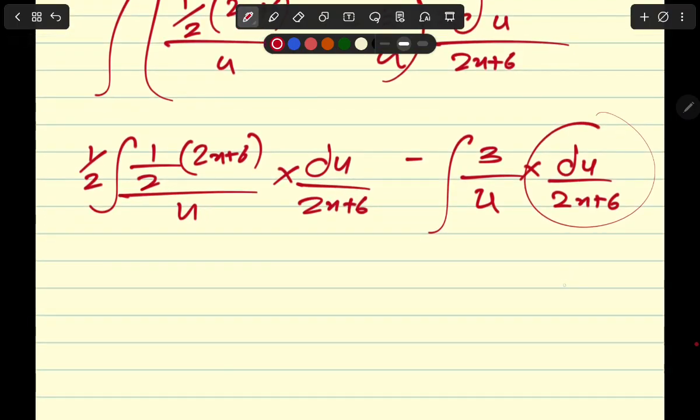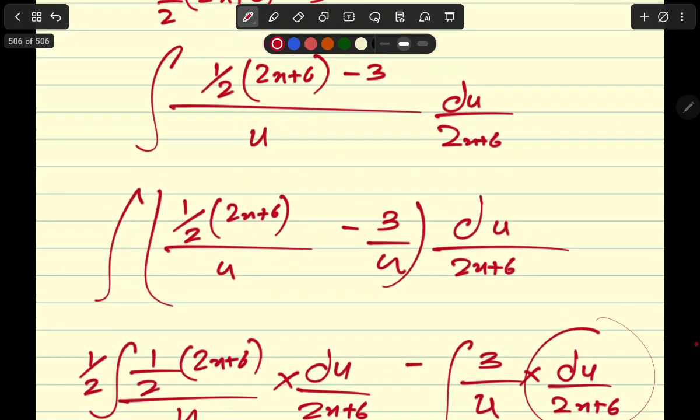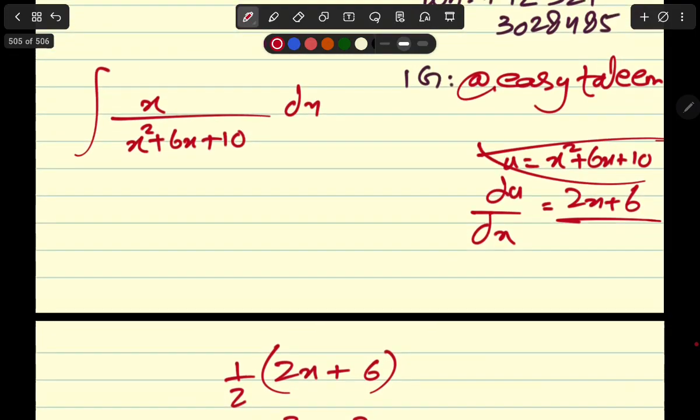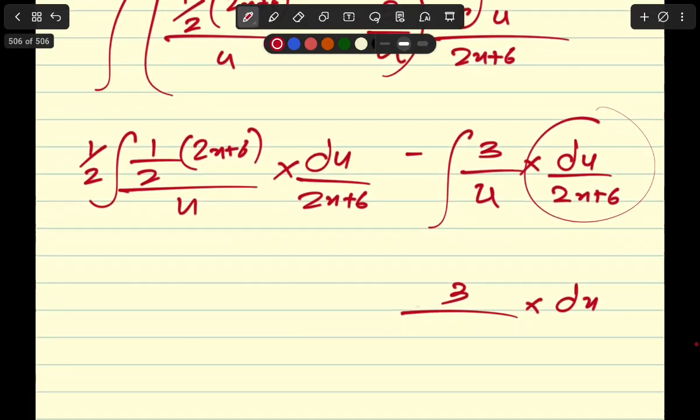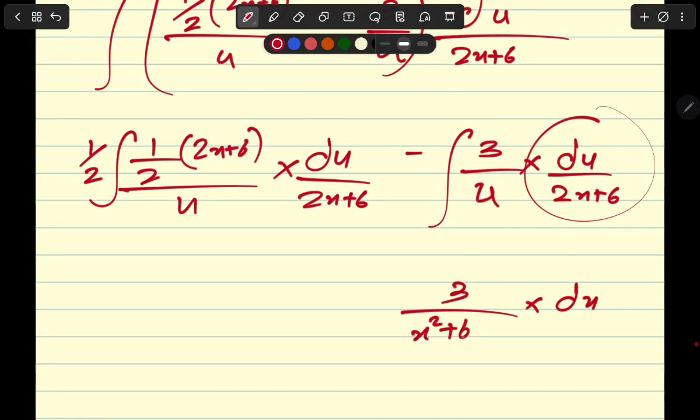So du upon 2x plus 6 is nothing but dx, and u is x squared plus 6x plus 10, because I'm going to introduce another arctan integration as well, the inverse of tan. So let's do that. Now this cancels this. Sorry, the half wasn't here.